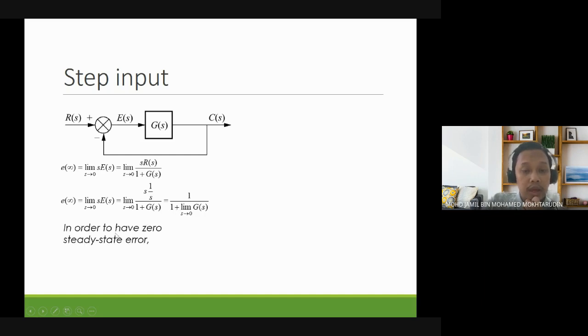In order for your system to have zero steady state error, the limit of G(S) must become infinity, must be very big, so that 1 over infinity is almost 0. So the limit of G(S) when S approaches 0 equals infinity.